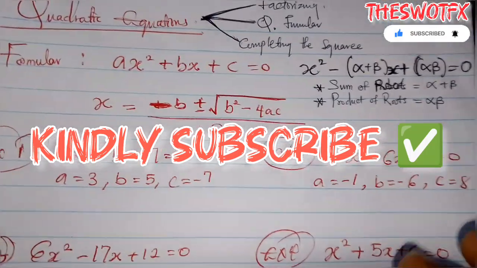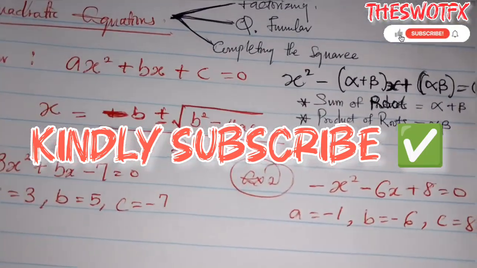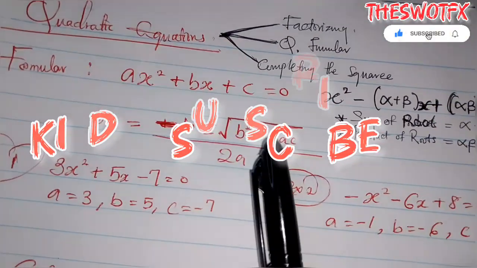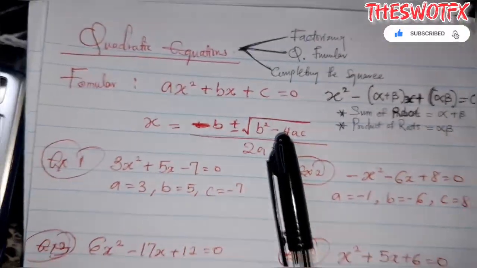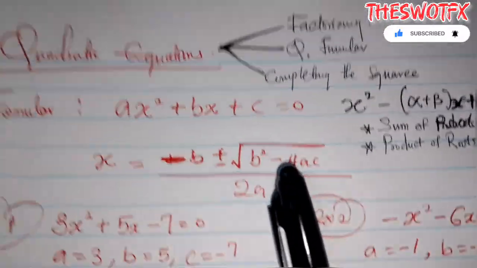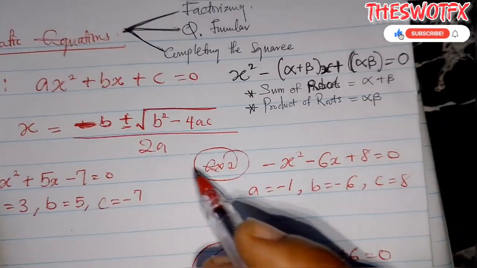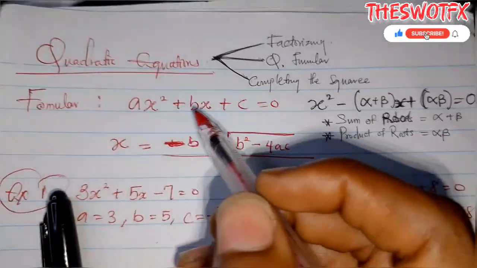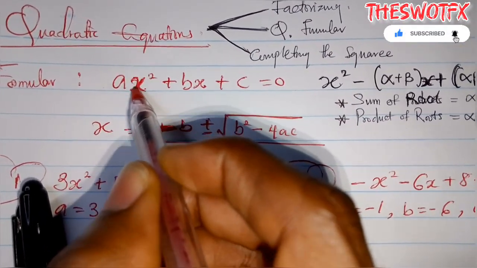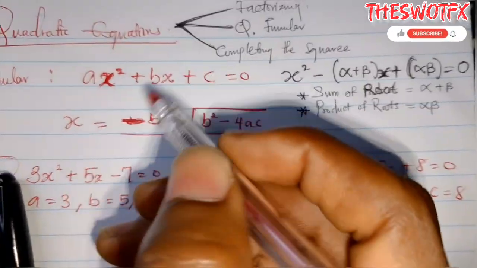We also need to break it down in knowing what we call the sum of roots and product of roots. Now, whenever we are finding quadratic equations, x happens to be what we are looking for.